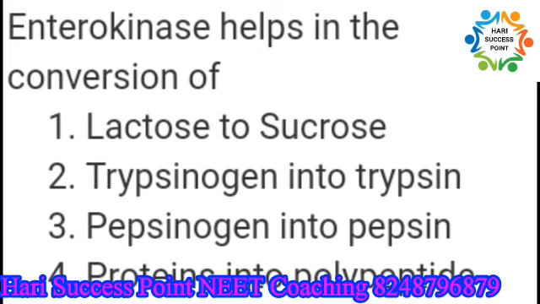The next question is, enterokinase helps in the conversion of, options are lactose to sucrose, trypsinogen into trypsin, pepsinogen into pepsin, and proteins into polypeptides. As you all know, enterokinase actively participates in the conversion of trypsinogen into trypsin, and trypsin activates other enzymes released by the pancreas.